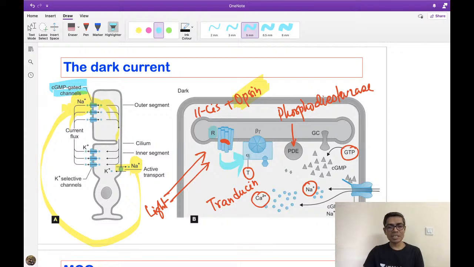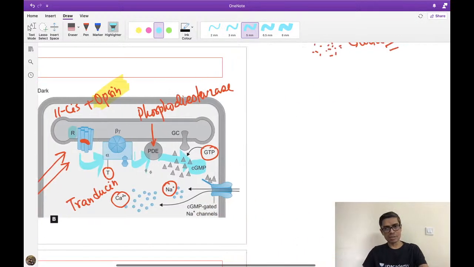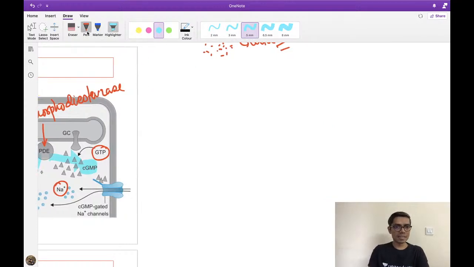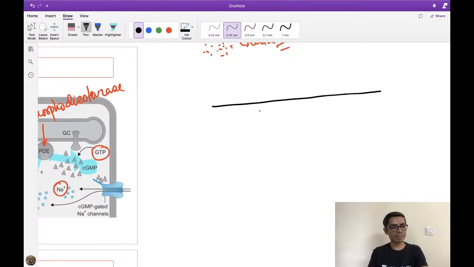G protein activation means this alpha subunit will be separated. Now this alpha subunit is going to stimulate this phosphodiesterase enzyme, and this phosphodiesterase enzyme is going to break down this cGMP molecule. So if I discuss quickly what is happening in presence of light, transducin increases activity of PDE. It activates the PDE, right?